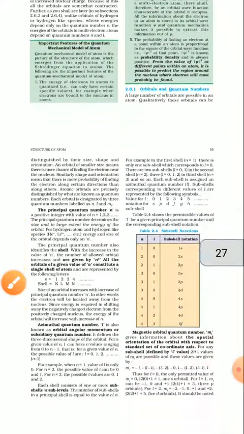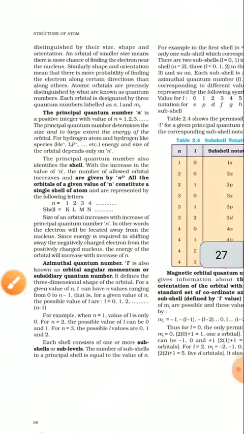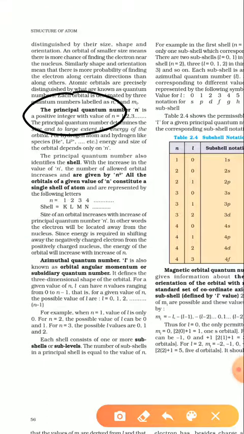So first, we will study what the principal quantum number is, or what the letter n represents for any orbital. The principal quantum number is nothing but the size of an orbital. The size and the energy that an orbital possesses is known as the principal quantum number. It is always represented by the letter n.